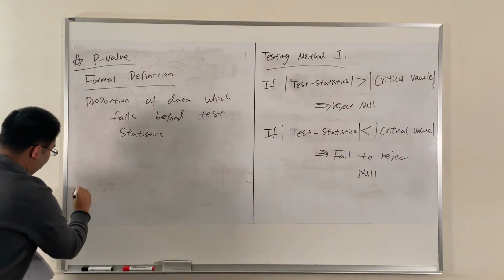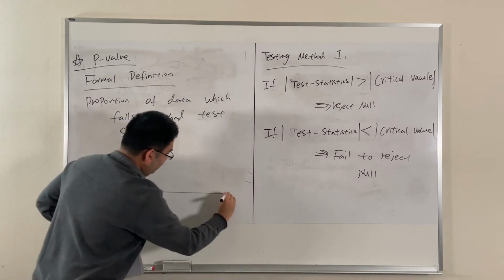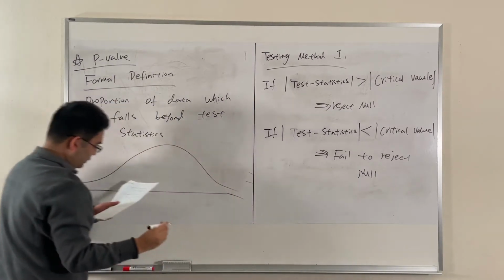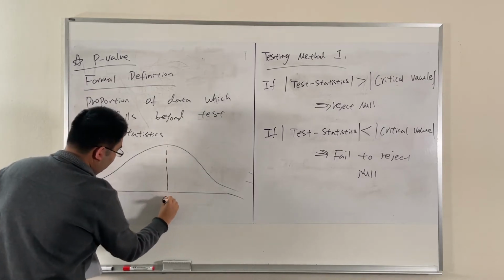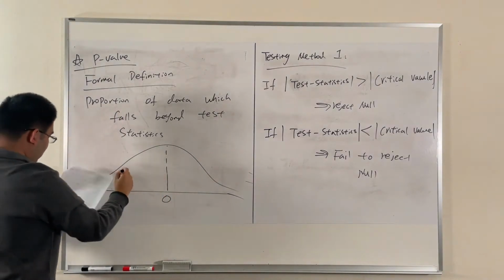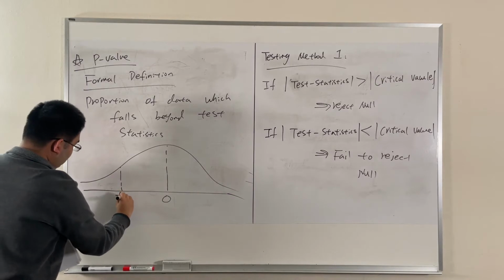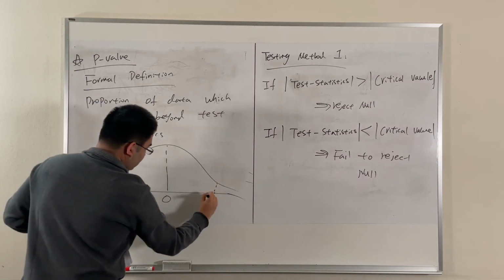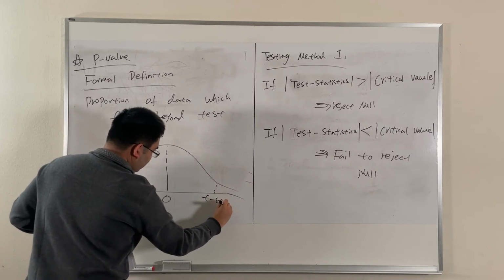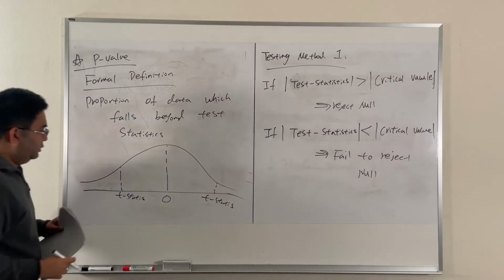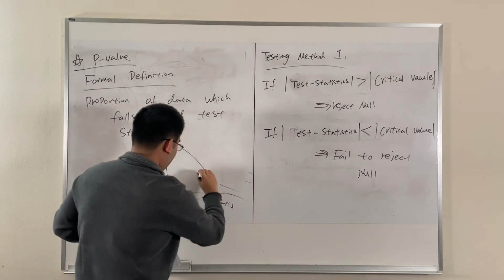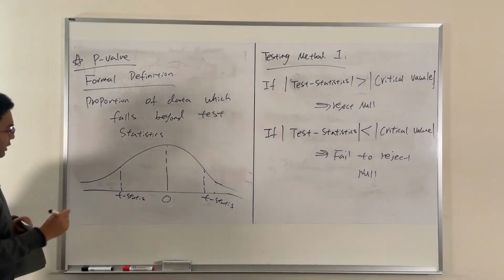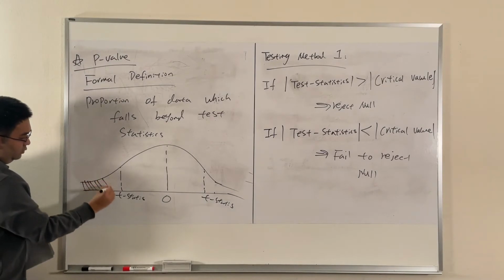If you look at this normal distribution, and you see, say 0 is in the middle, right? So everything is standardized. Your test statistics, I'll just say t-stats. Right, t-stats. So p-value are the areas outside your test statistics.